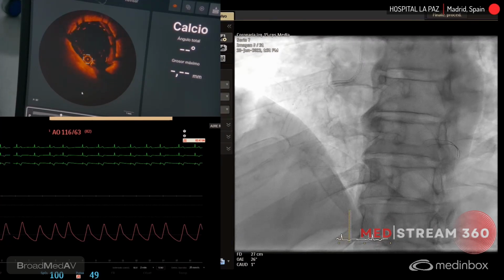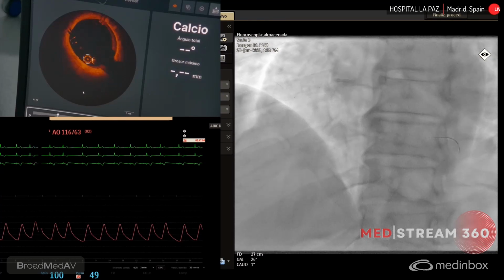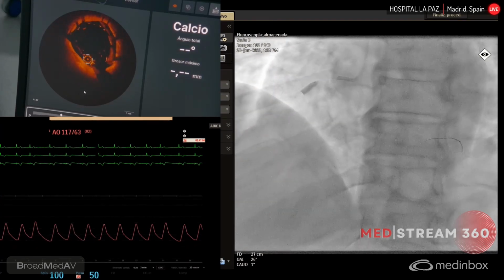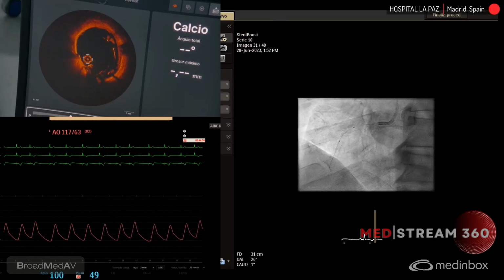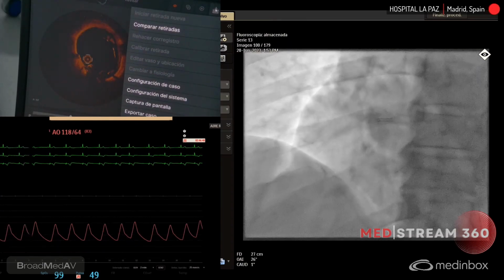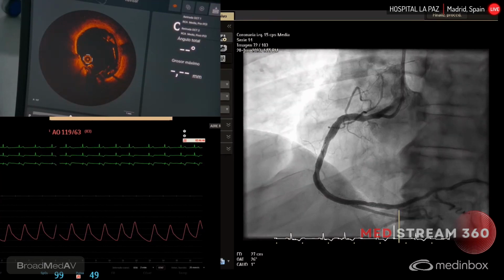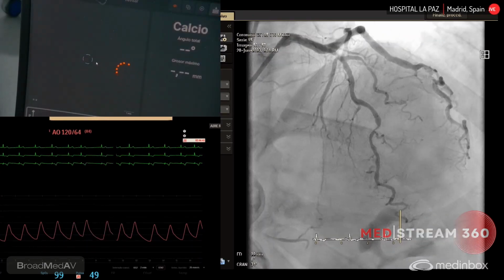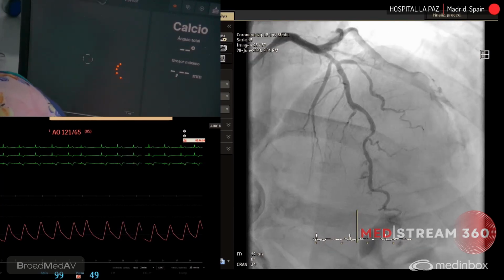After the Conqueror, we post-dilated with a 4.5 to expand the struts that were in a bad position there. So this is the result after the post-dilatation. This one is quite good.